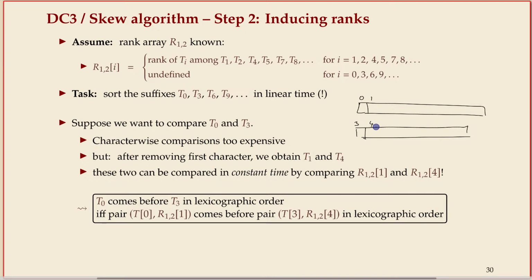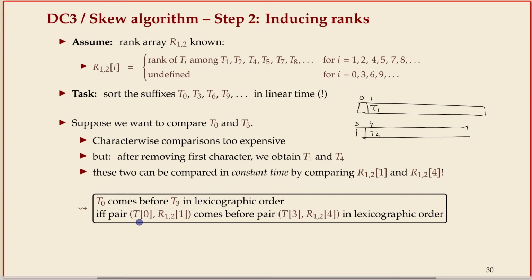While 0 and 3 were multiples of 3, if I increase the index by 1, that's not a multiple of 3 anymore. For sure not. So I can take T1 and T4, and those two I can compare in constant time because I can use their ranks from this R12 array. So I can actually use this to do comparisons in constant time.